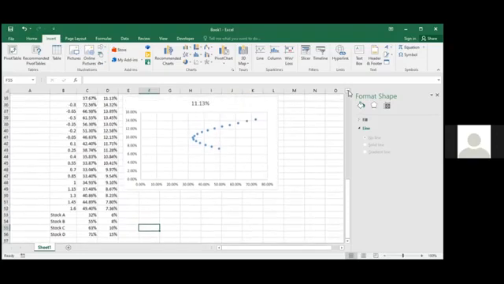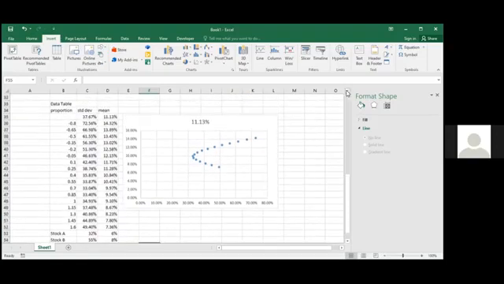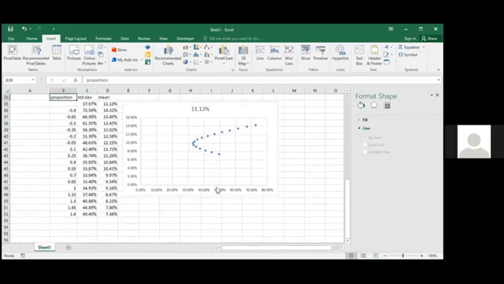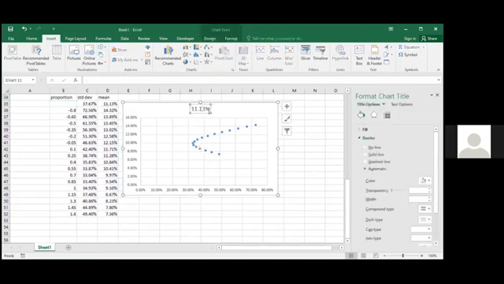So then the efficient quantity is this one. Then appropriately you can enter the graph title or any other modifications.